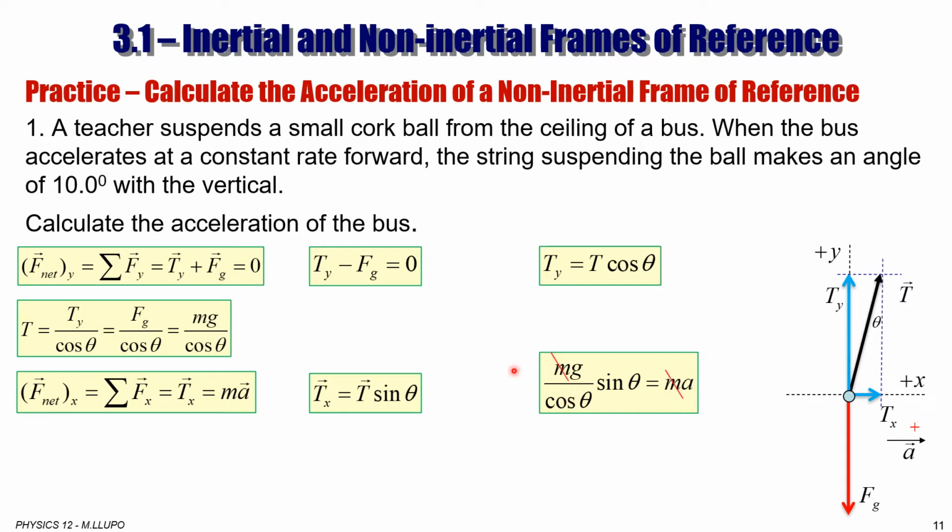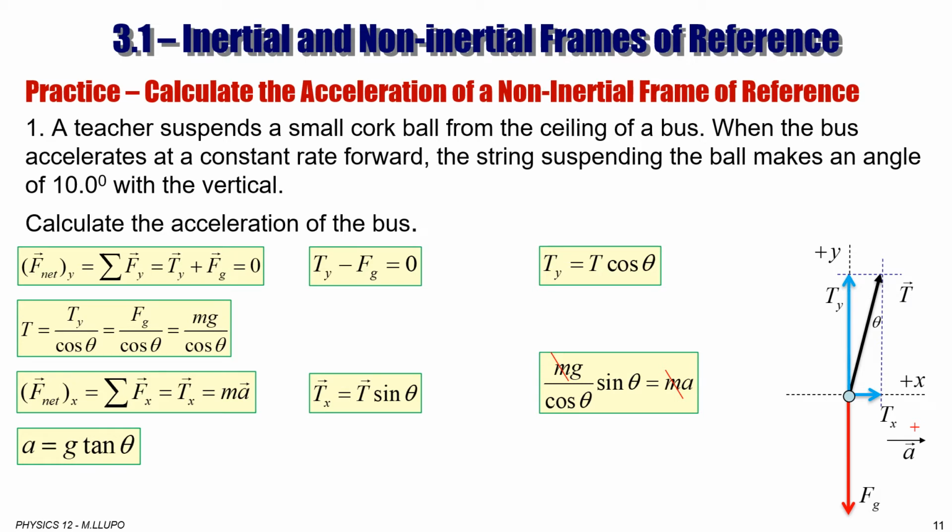So m and m cancel, and that would be expected because acceleration will not depend on the mass of the cork. Now a is equal to g sine divided by cosine, but as we know, sine divided by cosine is tan, so a is equal to g tan theta.